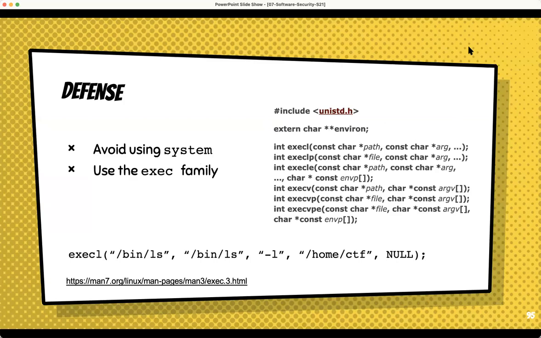So you want to have maybe not only the program, but also the arguments, but also the environment variables, etc. So for example, you could use execl, where the first argument is the path of the binary that you want to call, and then starting from the second is the arguments. So arg0 is always just the binary itself, and then this is the second argument, this is the third argument, right? And then this is the environment pointer. And for more information, you can just check the manual for exec.